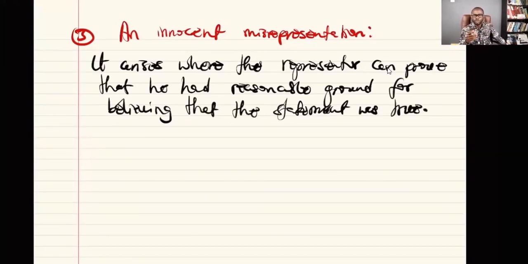You take me to court and I'm like, okay, so back to the Casapreco illustration that I gave at the beginning of the discussion. Let's say you took the person to court and the person said, no, I didn't lie to you, my lord.